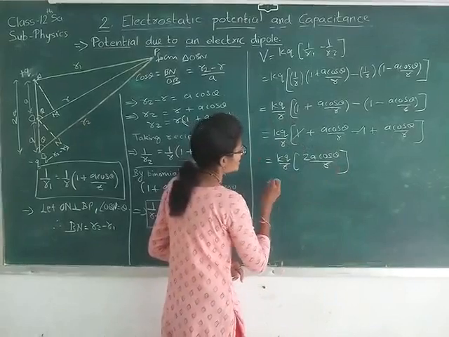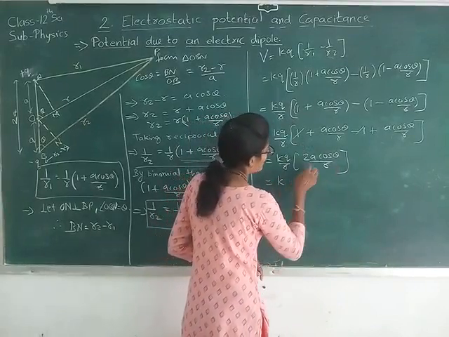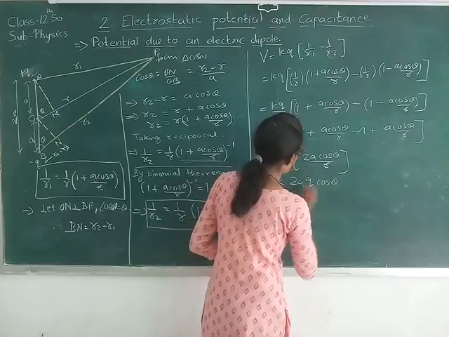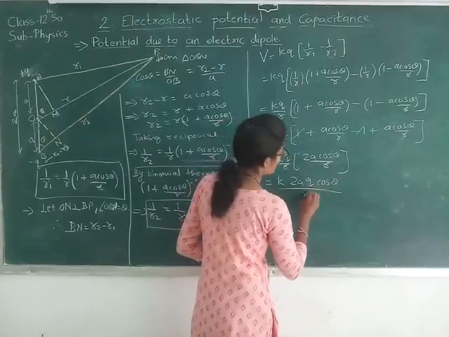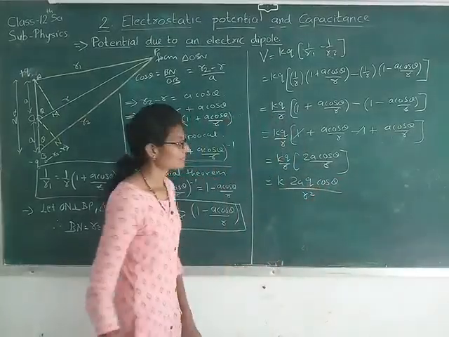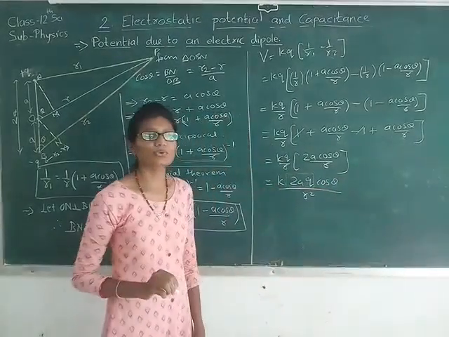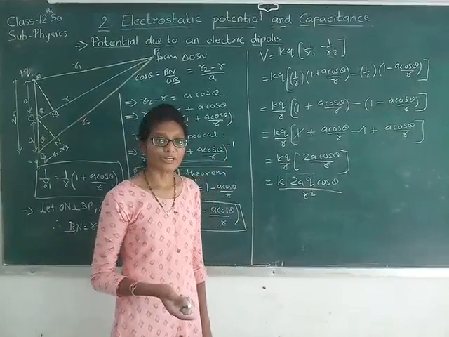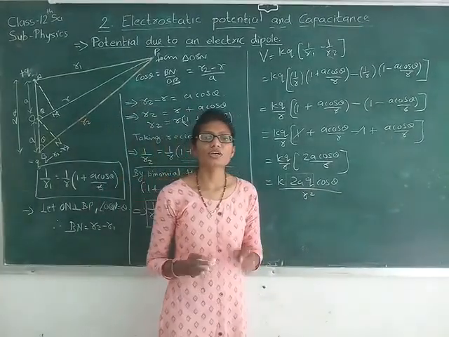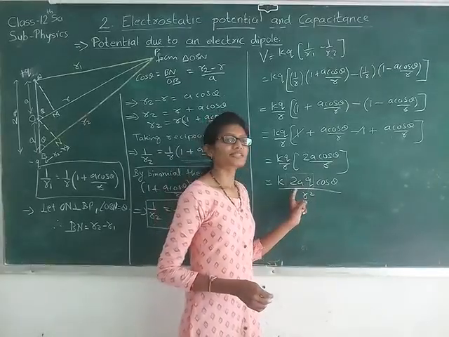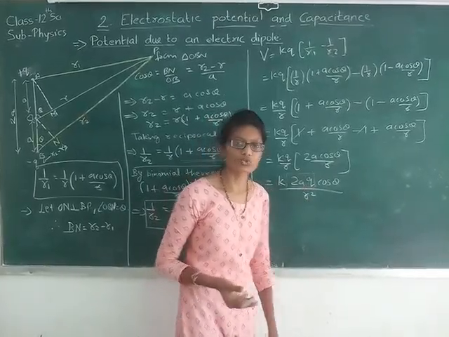So now you can rearrange this. K 2A Q cos theta in denominator R into R, that is R square. And here 2AQ is nothing but the dipole moment. We know what is dipole moment, that is the product of the magnitude of the charge and distance between the two charges, that is 2a.